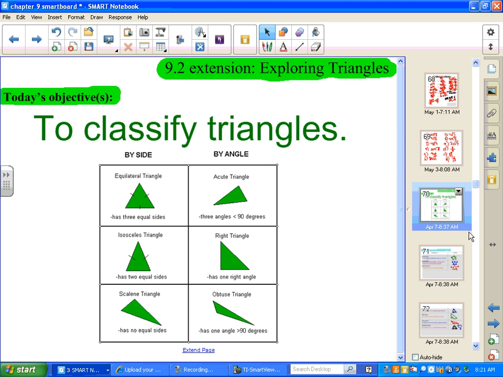Is it possible to have a right scalene triangle? Is it possible to have a right scalene triangle? Alyssa. Good. Why?